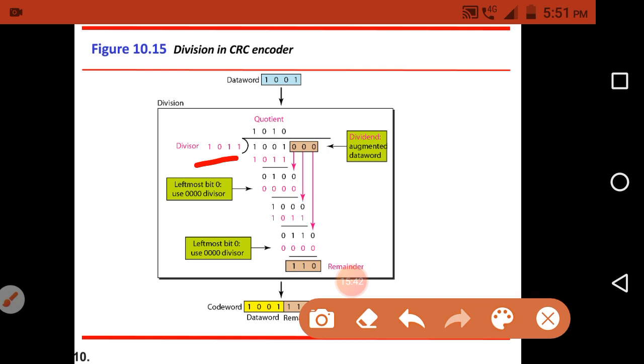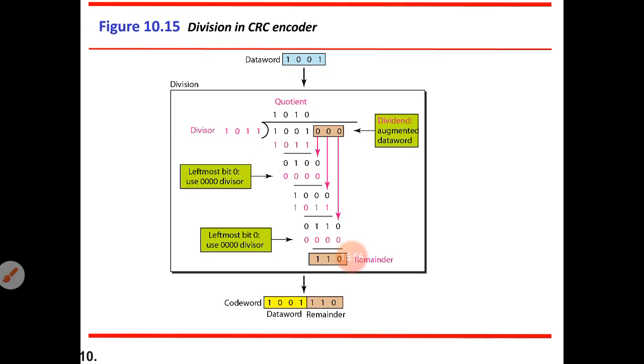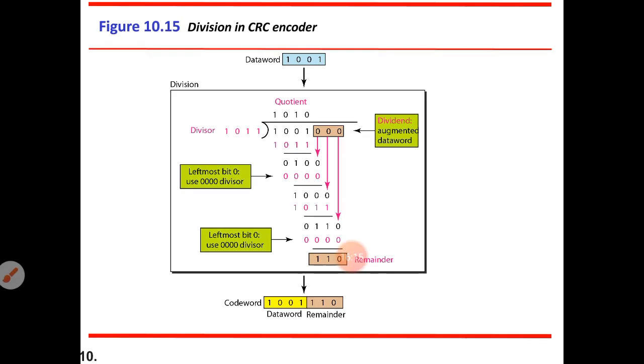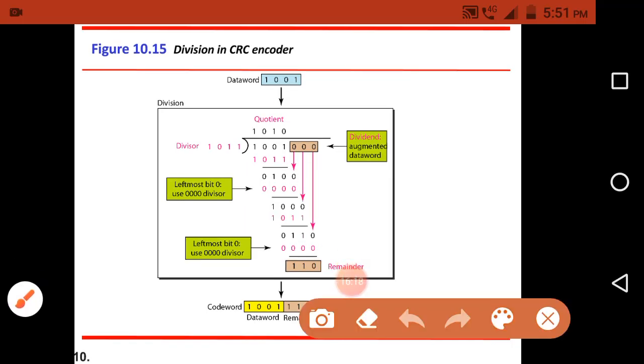Now we need to perform the division operation. First we take the first 4 bits of the data word, 1001, and subtract the divisor from it. The divisor is 1011.